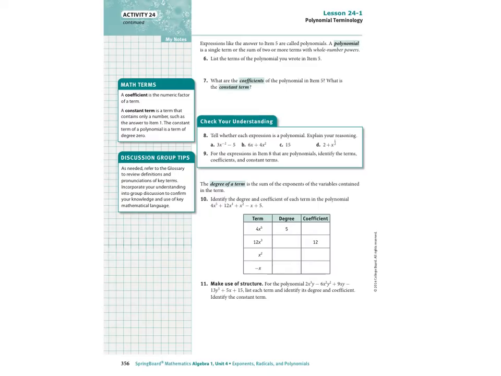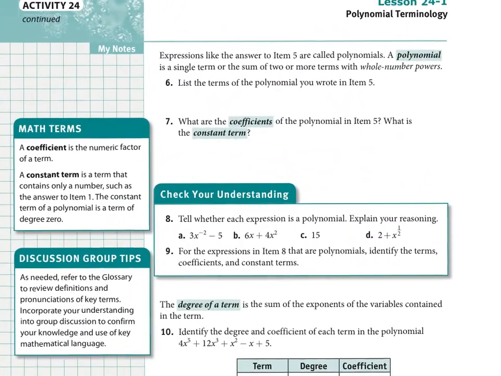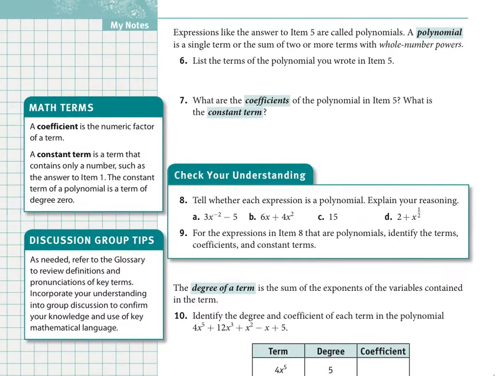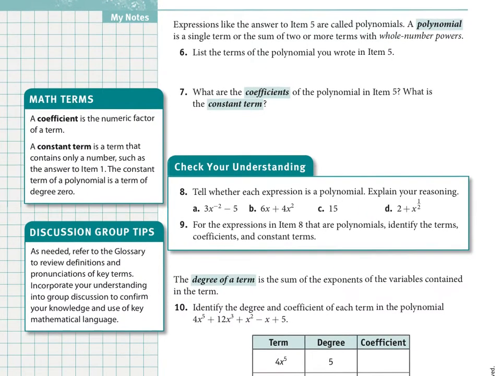So we're on page 356 and we are going to zoom in to the top part up here where we start looking at some vocabulary. We are definitely going to be looking in the margin as well, so keep that in mind. So let's start up at the top where it says expressions, like the answer in number 5, are called polynomials.